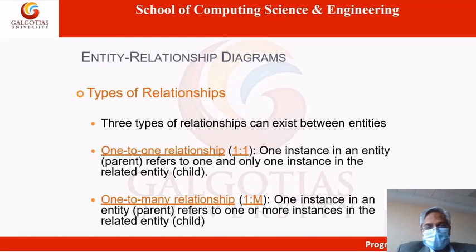So one entity from the husband set has a relationship with one entity of the wife set. So only one is allowed from one set, and from the other set also only one is allowed. So that relationship is called one-to-one relationship.